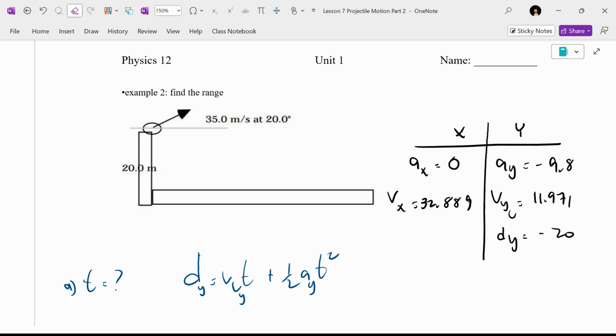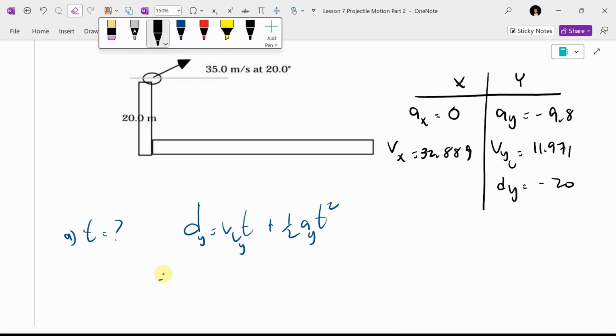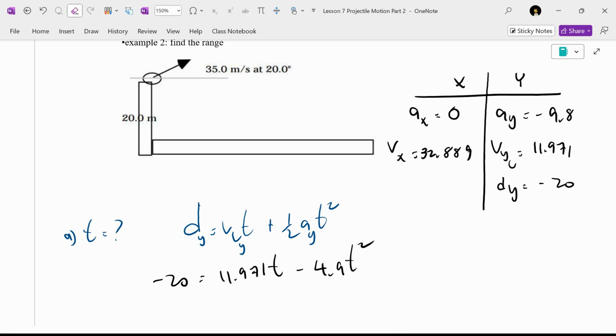Let's plug in our numbers. We're going to get negative 20 equals 11.971 t minus 4.9 t squared. I'm pretty good at dividing the negative 9.8 by 2, or times it by a half, same difference.